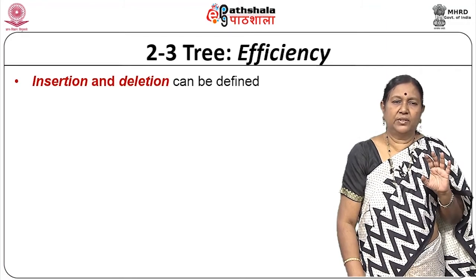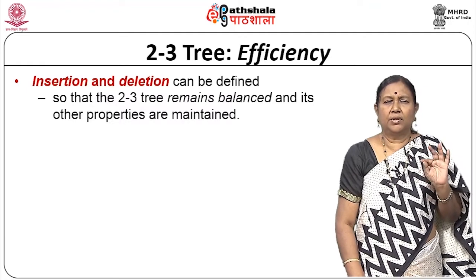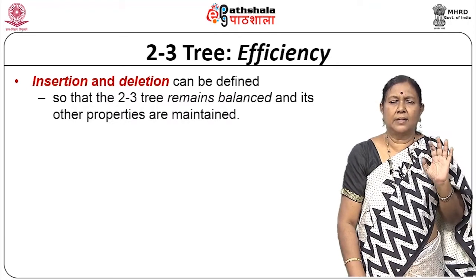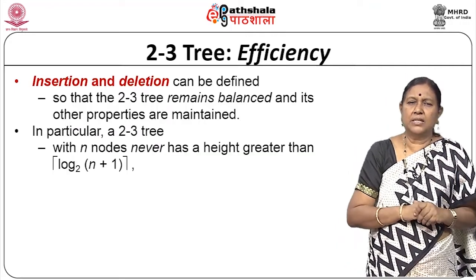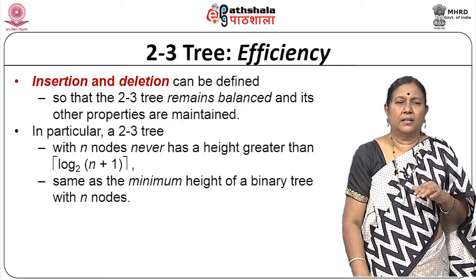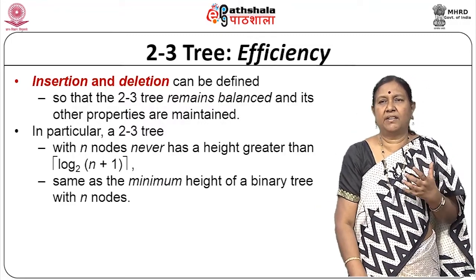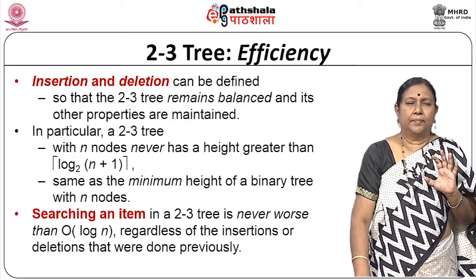Now, regarding the efficiency of a 2-3 tree, insertion and deletion can be defined so that the 2-3 tree remains balanced and its other properties are maintained. In particular, a 2-3 tree with n nodes never has a height greater than log 2 of n plus 1, the same as the minimum height of a binary tree with n nodes.